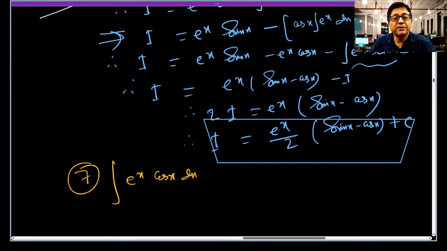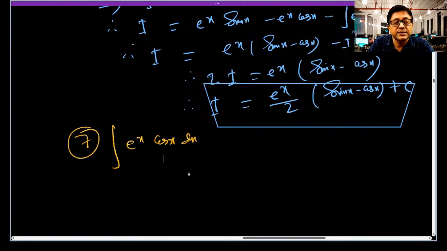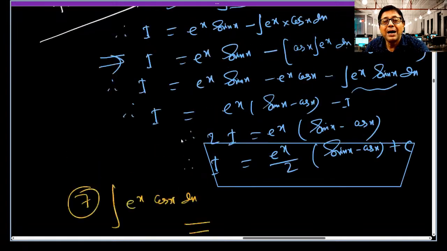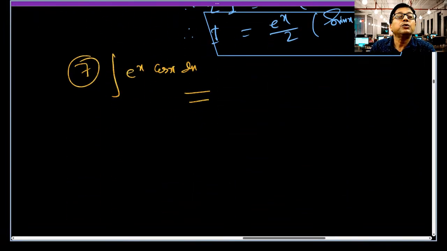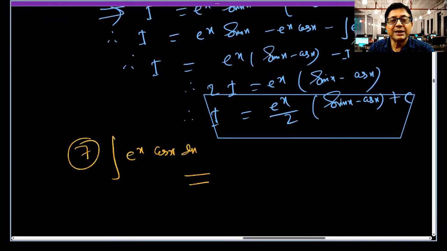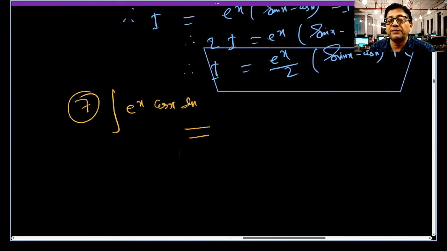Done. Now check with my calculation. E to the power x cos x. See, I have followed the rule here. I had taken sin x first, e to the power x second. I am changing it here to show you that for this particular type, you take any one of them first, the other one second, there will be no difference.